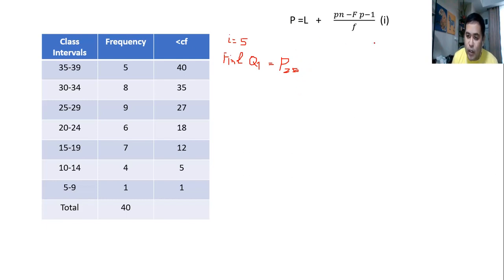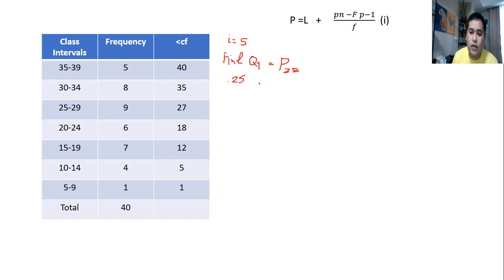But how are we going to solve for P25? So we have first to get the Pn, which means your P. Since you are looking for percentile 25, that is equal to 0.25.